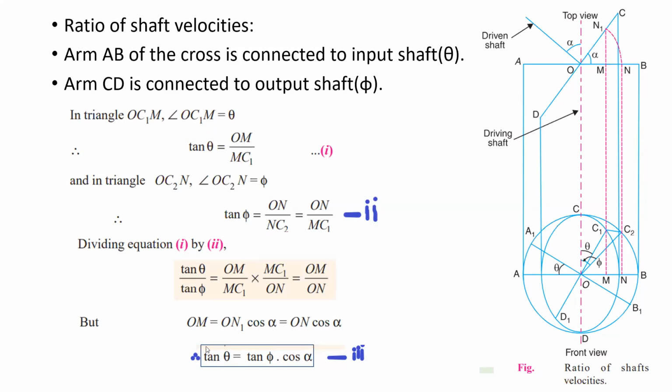So we have seen this relation, tan theta is equal to this. And now with the help of differentiation, we started to find a relation between input angular velocity and output angular velocity, that is omega and omega 1.